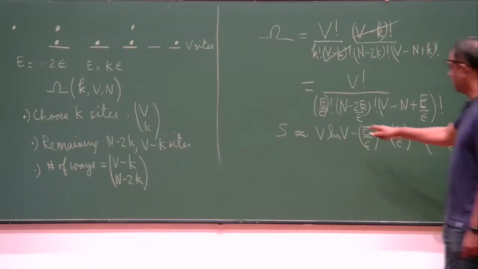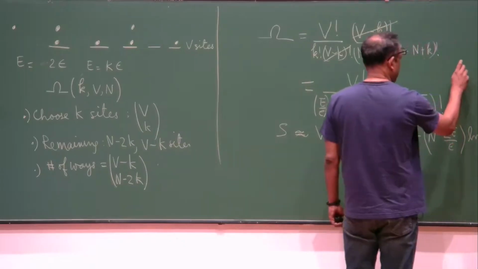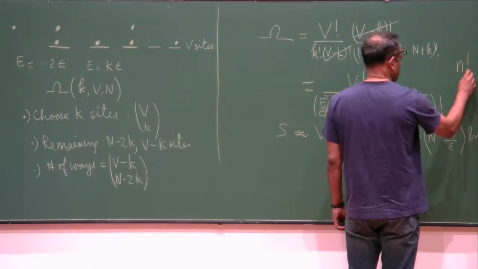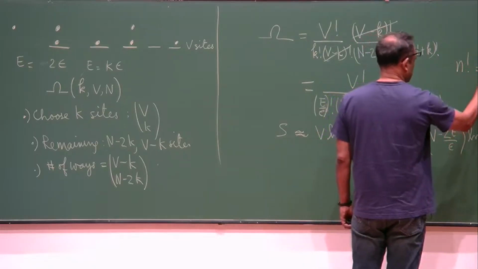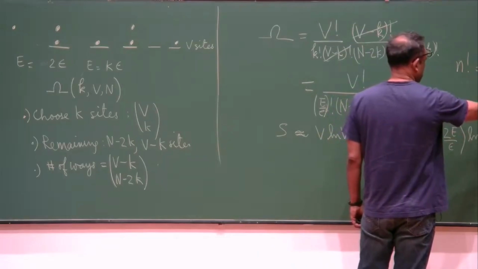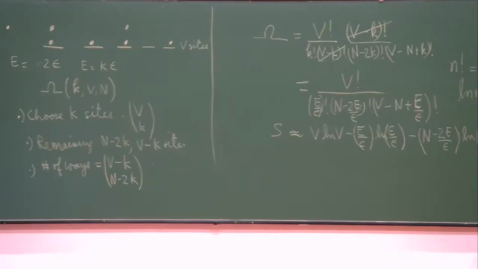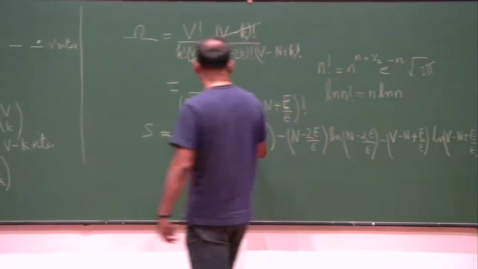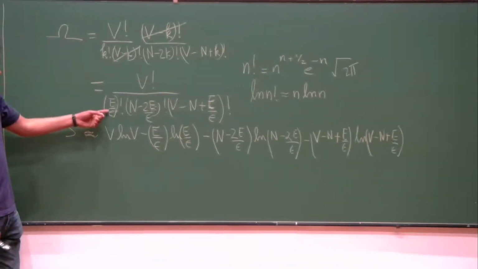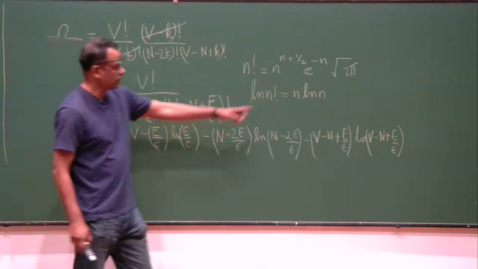Okay, so see, earlier when we were doing the random walk calculation, we were taking N factorial as N to the power N plus half, e to the power minus N, root of 2 pi. Now when I'm writing log N factorial, I'm writing it as N log N. Why is that? These other terms are important. There's a minus N, but because the numerator and the denominator add to the same value, these arguments all cancel out.